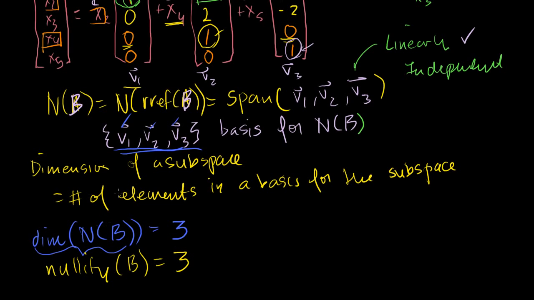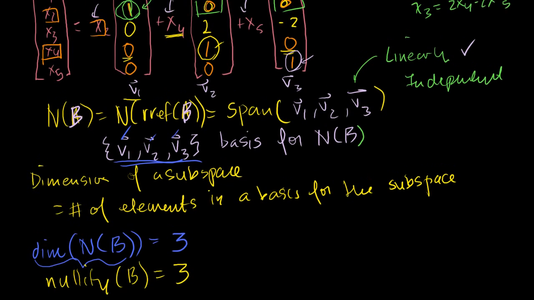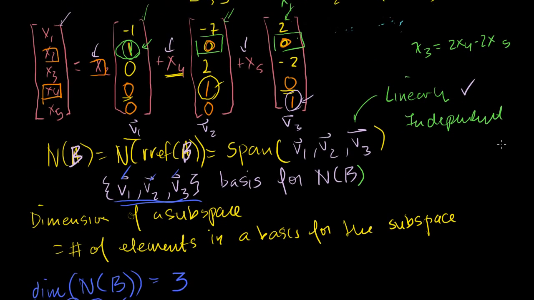And let's think about it. I went through all of this exercise, but what is the nullity of any matrix going to be equal to? It's the dimension of the null space. Well, the dimension of the null space, you're always going to have as many vectors here as you have free variables.